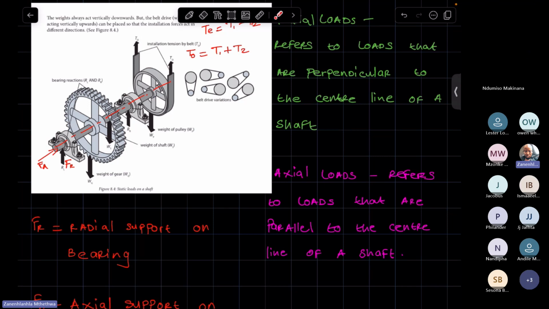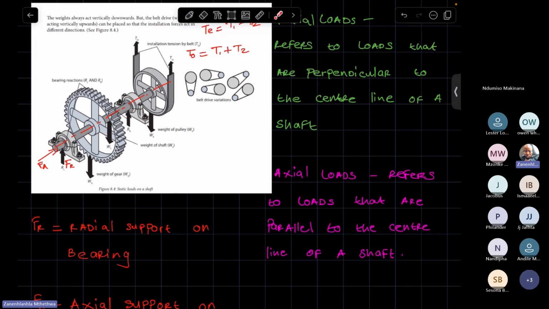So I'm guessing people understand what I mean by applying conditions of equilibrium. In applying conditions of equilibrium, there are two main conditions, because there's a lot, but there are two main ones. There's the sum of forces in one direction is equal to the sum of forces in the opposite direction.